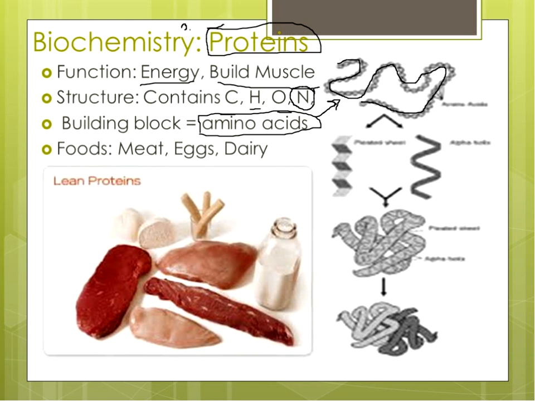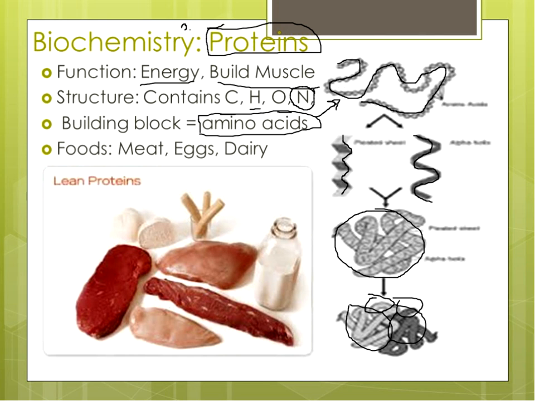And that turns into a pleated sheet or a helix. Either way, that's a secondary structure. Tertiary structure is just one single globular structure, whereas a quaternary structure is several globulars put together.